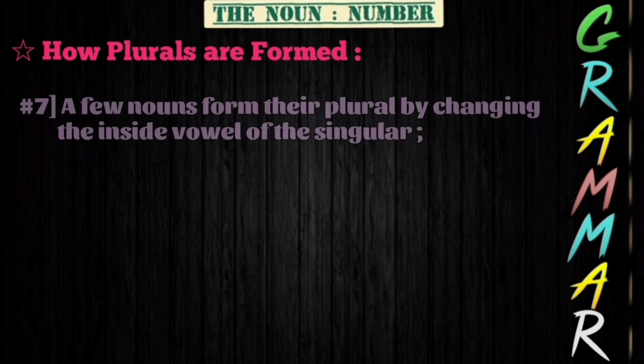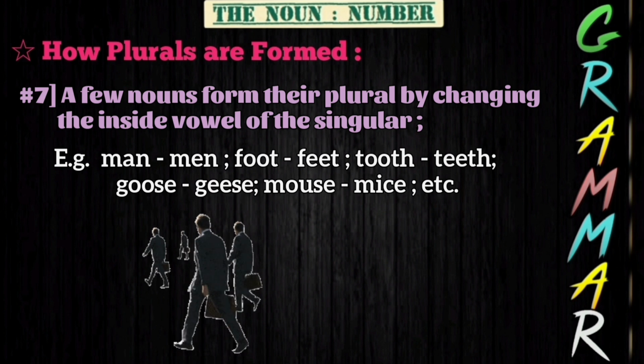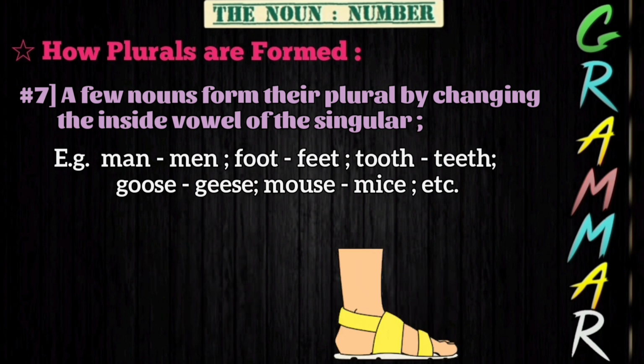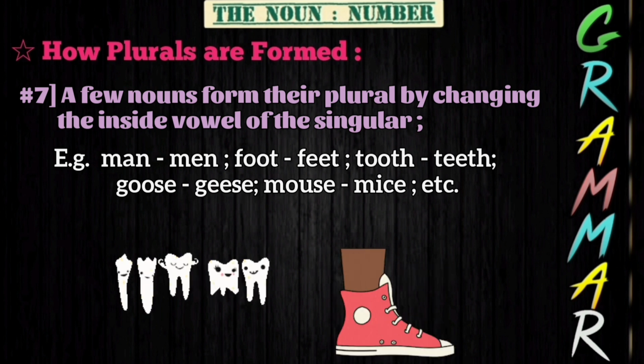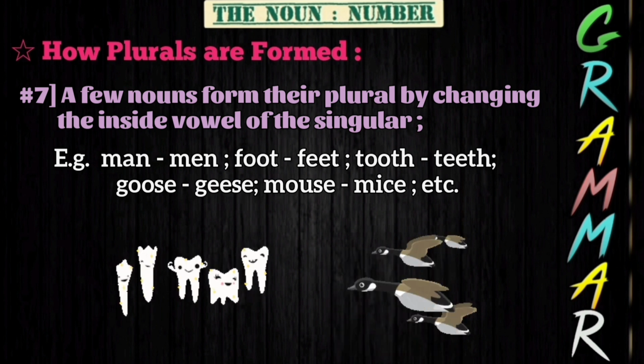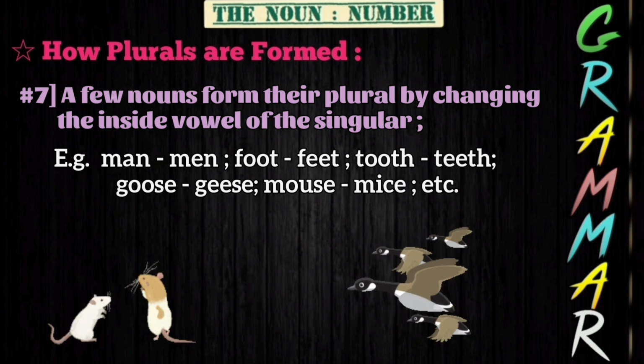Next rule is a few nouns form their plural by changing the inside vowel of the singular. For example, the plural of man is men, the plural of foot is feet, the plural of tooth is teeth, the plural of goose is geese, the plural of mouse is mice.